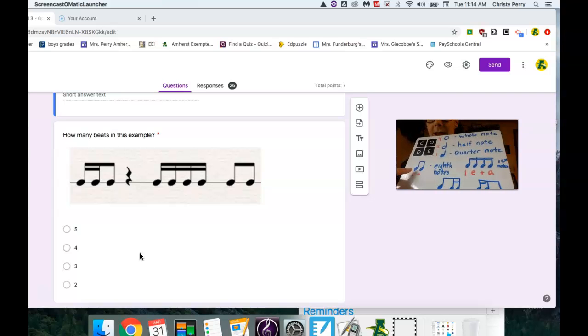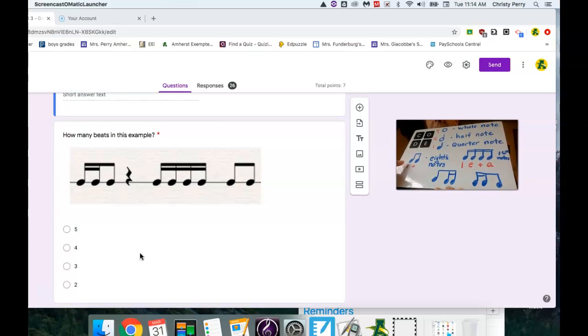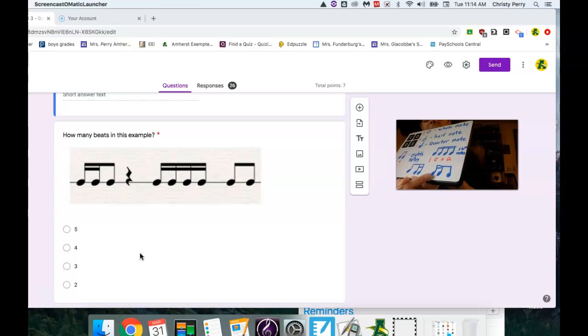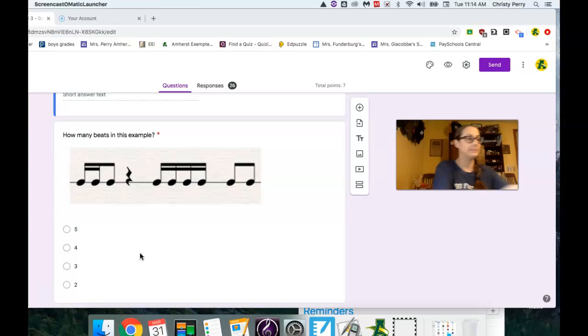And over here, my 8th notes. When we count 8th notes, it's 1 and, 2 and. So that second 8th note has the syllable and. So if I go back to this rhythm, 1 E and, 2 E and, 3 E and, 4 E and, whatever beat number we happen to be on.